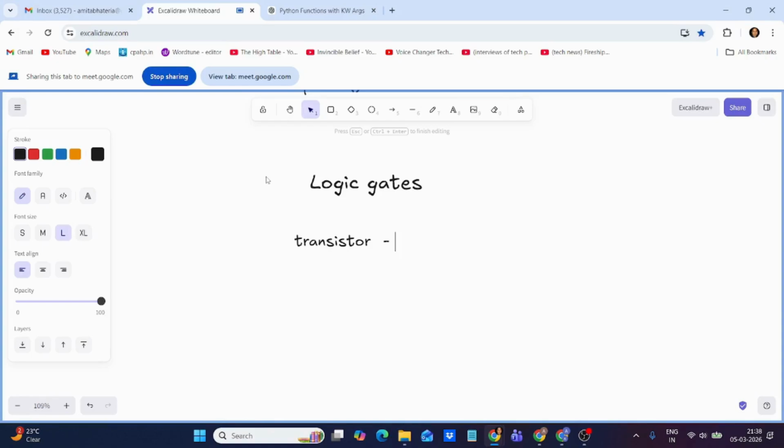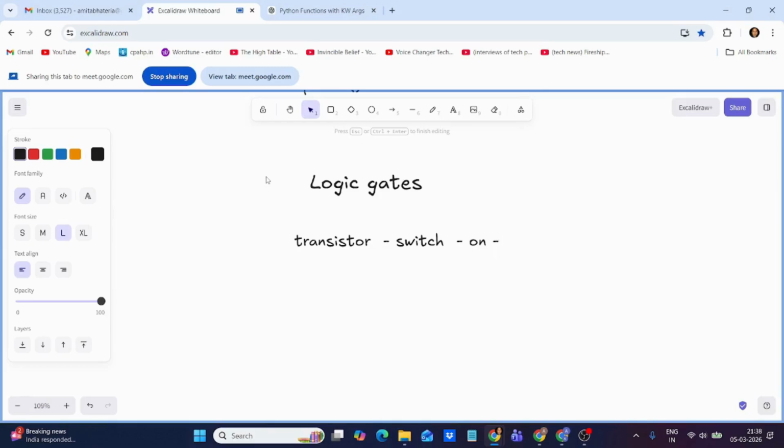And how does a switch work? Can you tell me how a switch works? When you don't flip it, it's zero. But when you turn it on, it's one. Right, so it has only two values: one is on and the other is off.